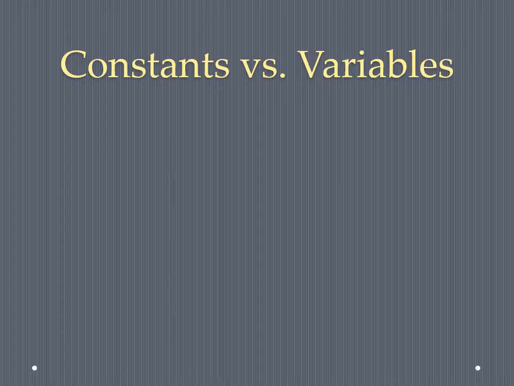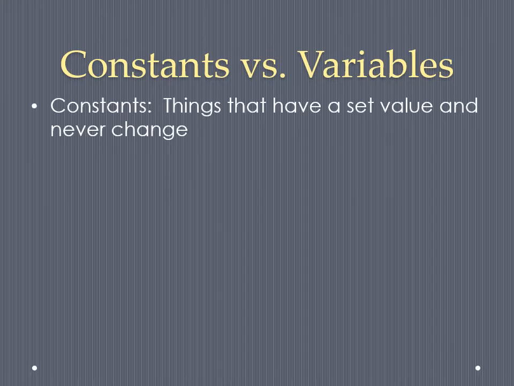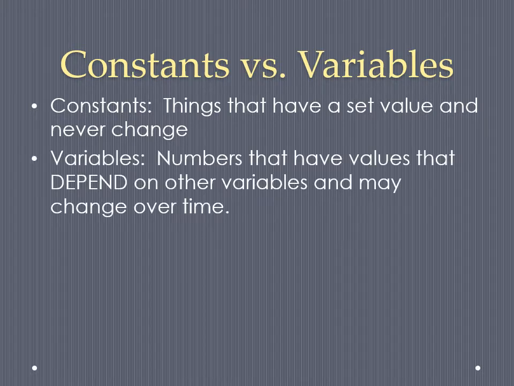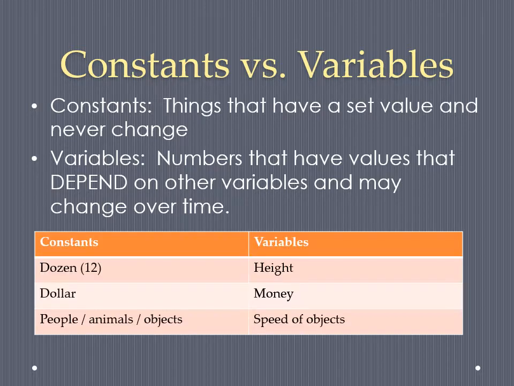All numbers in the world can be categorized into either a constant or a variable category. Constants are numbers that have a set value that are the same for everybody that's using them, that aren't changing. Variables are numbers that actually depend on other things and might change over time.